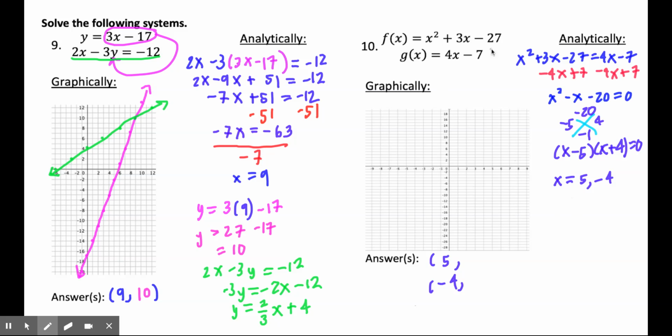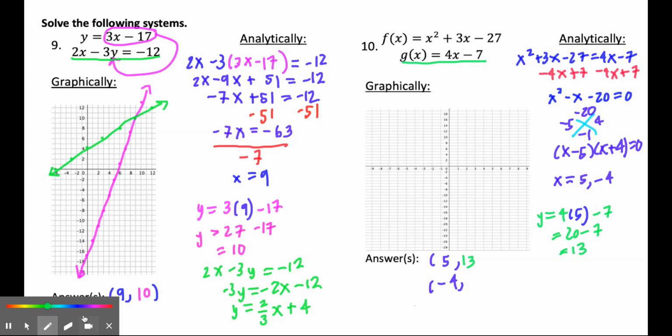And then to find what those points of intersection are, it's probably best to plug it into this line here. So that's y equals 4 times, and then we'll find the y-coordinate for the 5 point first. So then that's 20 minus 7, which is 13.